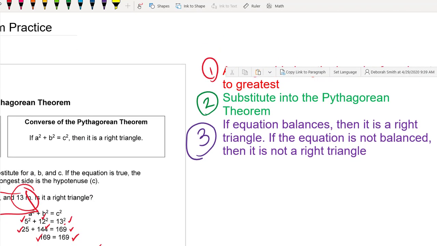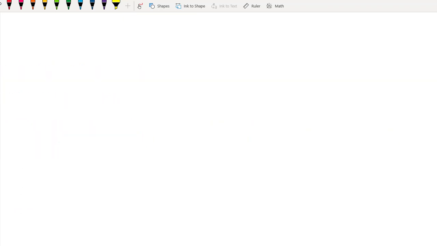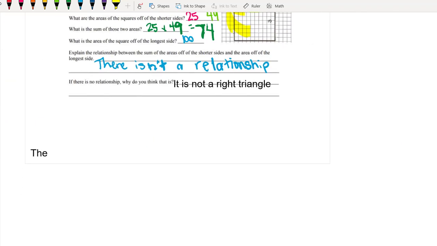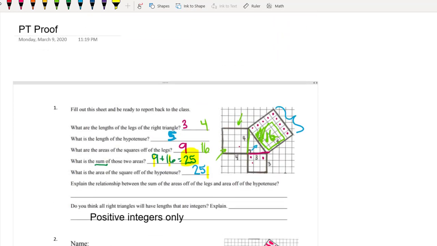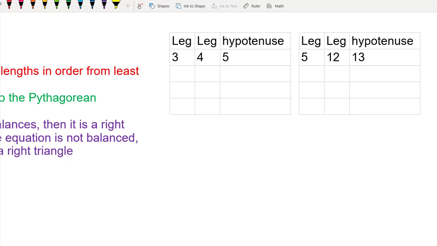So we established on the first thing that we did, from this one right here, we've got side lengths of 3 and 4 and 5. We established that that was a right triangle with the Pythagorean theorem, a squared plus b squared equals c squared.